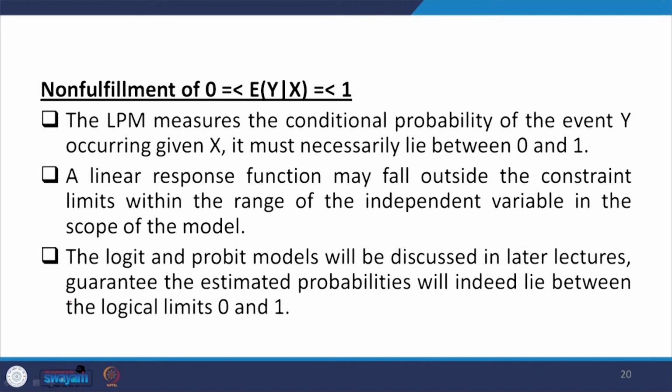But through LPM we may not be able to stick to 0 and 1, which might be problematic. The LPM measures the conditional probability of y occurring given x, which must necessarily be within 0 and 1, but actually it may fall outside the boundary, and we are going to show it with the help of data in our next class for sure.